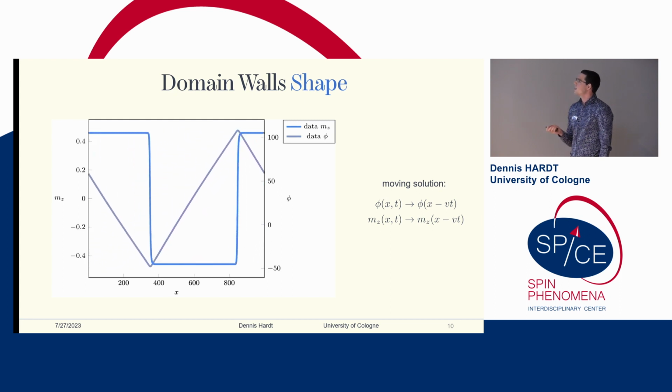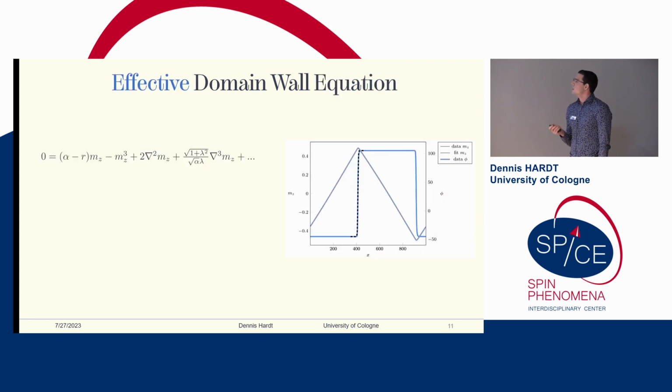We can make this ansatz, plug it into our equations of motion and do some math, but I will spare you that. We even neglect this term, so we make it very simple. Then we find that we have two velocities, so there's also some symmetry breaking: the domain wall can go in one or the other direction, and it depends on alpha, which was the driving, not the damping.